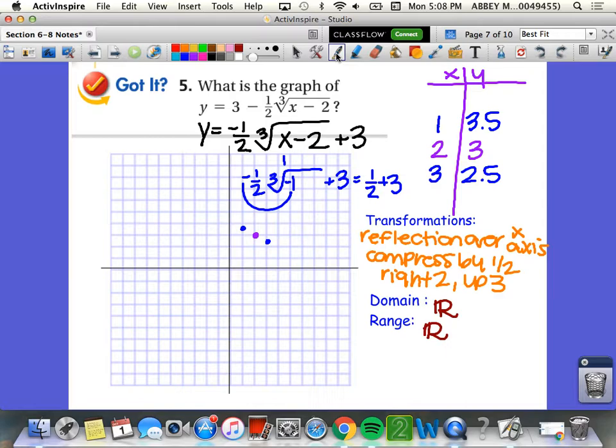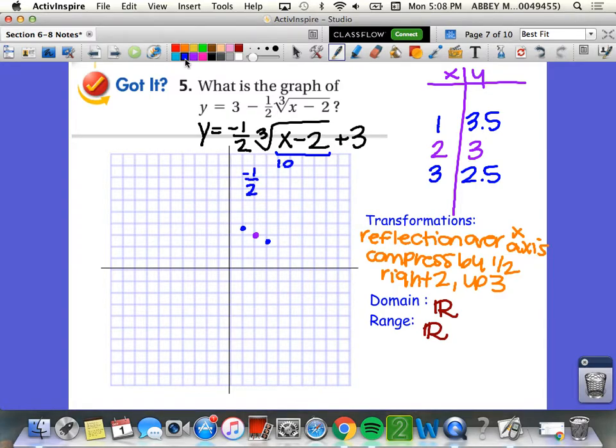How do we get the 2 tail points? We make underneath that radical go to 8 and -8. So let's do 8 first. Does it matter? No. Okay. What's going to make underneath here go to 8? 10. 10 minus 2 is going to make that go to 8.